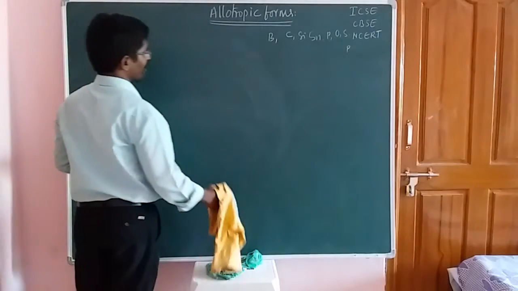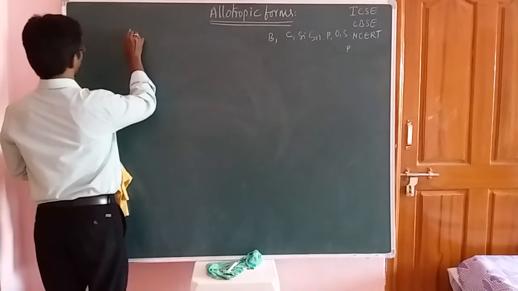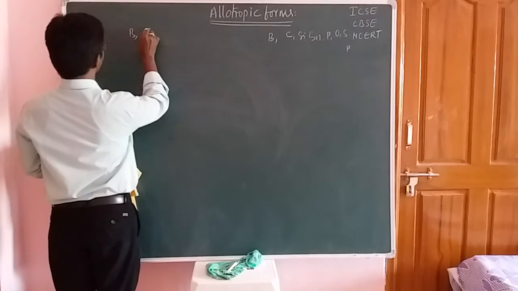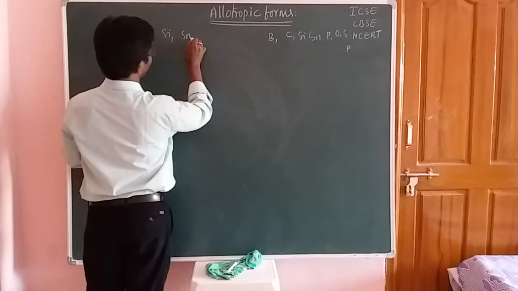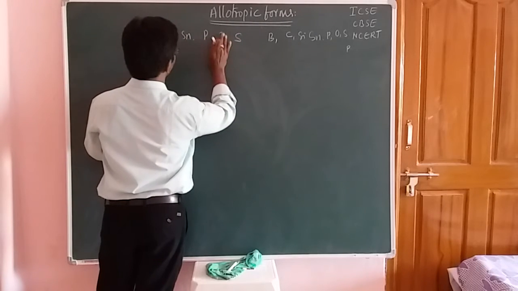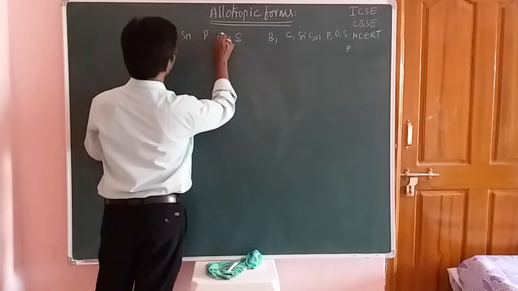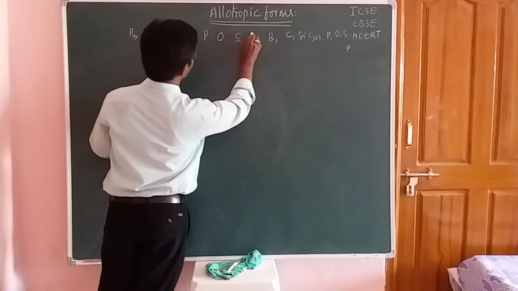I will write those elements clearly. First the boron element, then carbon, silicon, tin, phosphorus, oxygen, sulfur, and the last one is polonium.